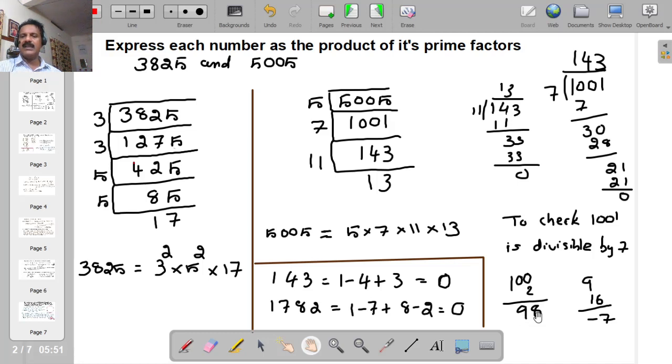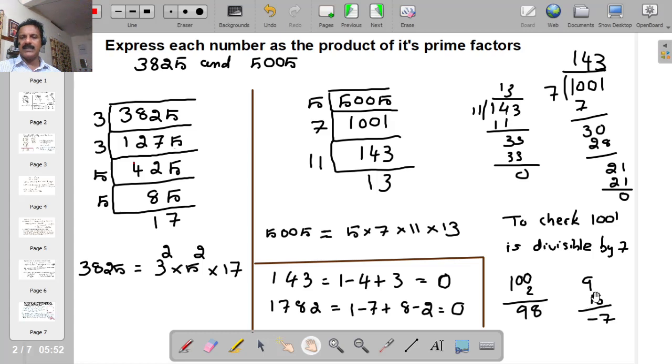Then we will double the last digit, which is 16, and we will subtract the double of the last digit from the remaining portion, which is 9. The double of the last digit of 98 is 16. Then we will be subtracting the double of the last digit from the remaining portion, which is 9.